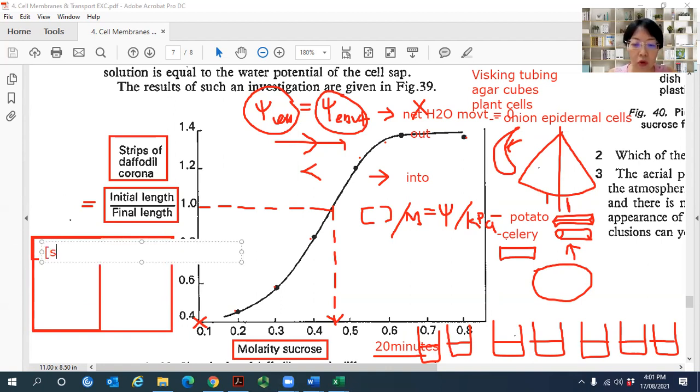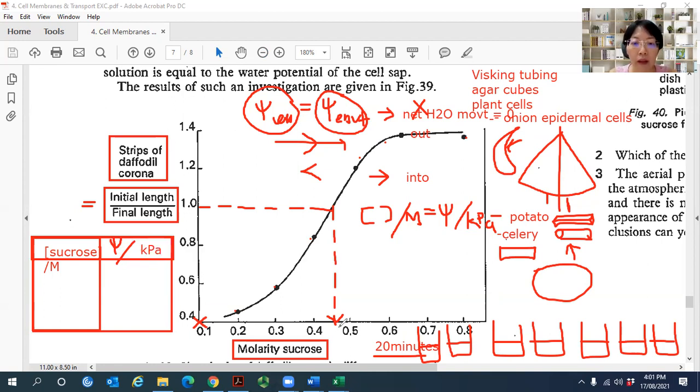This is my sucrose concentration, and it is in molar. And this is my water potential psi, in kilopascal. Or atmosphere also can. Sometimes the unit is in atmosphere or millimeter mercury. So kilopascal. From there, I go to this table.